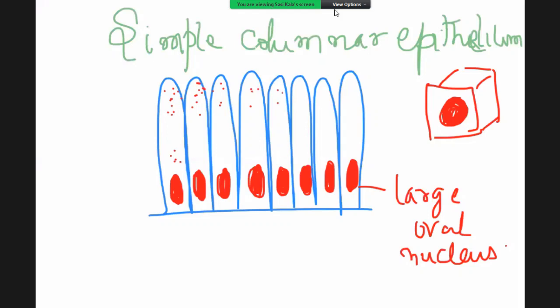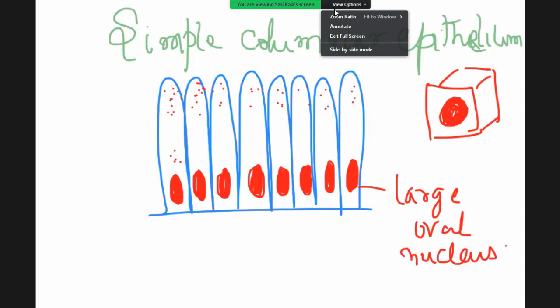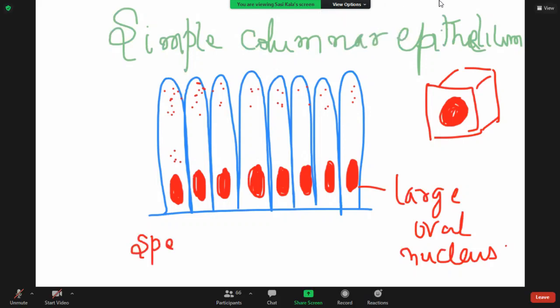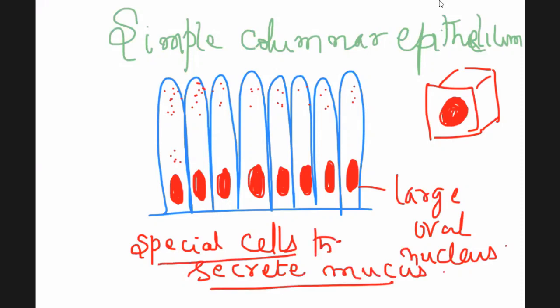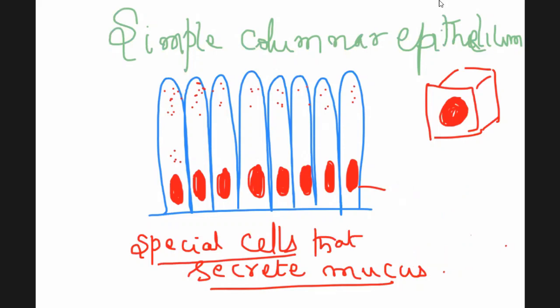So, usually in secretory areas where mucus is secreted, you find this type of epithelium. There are special cells that secrete mucus. Mucus is a sticky fluid which can trap microbes. The special cells that secrete mucus are known as goblet cells.